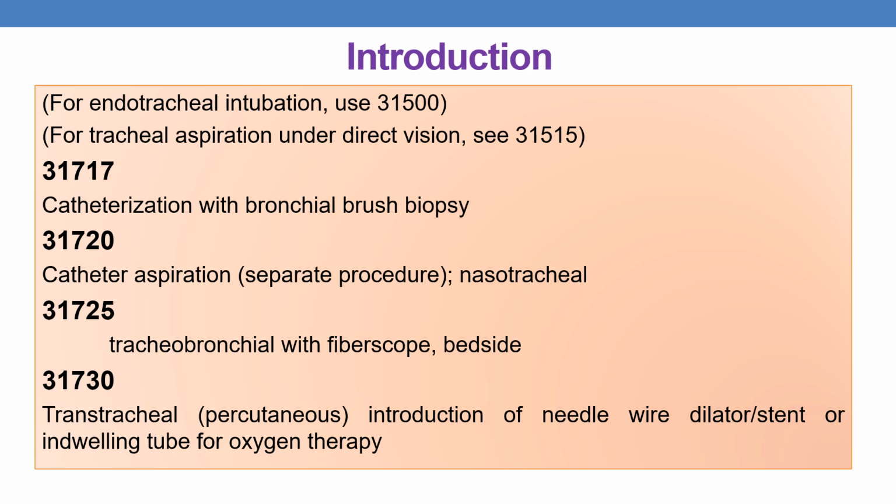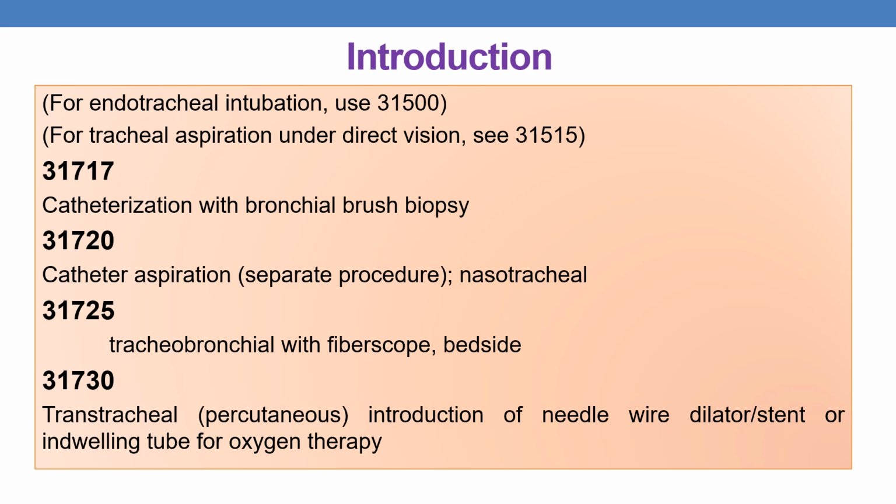Next, coming to introduction. For endotracheal intubation, you need to refer 31500. And for tracheal aspiration under direct vision, 31515. Coming to the first CPT here, that is 31717. It deals with catheterization with bronchial brush biopsies. The next is 31720. It deals with catheter aspiration, separate procedure, nasotracheal.